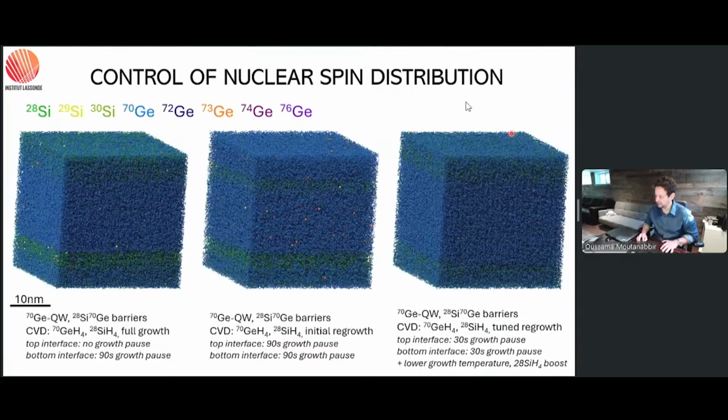Here we found that a 30-second pause with a boost of silicon-28 works. We stop for 30 seconds and we increase the amount, or the flux, of silicon-28 silane. We achieve a clean growth. What you see here is one germanium-73. This is just a statistical anomaly, and in general this structure remains nuclear spin free.